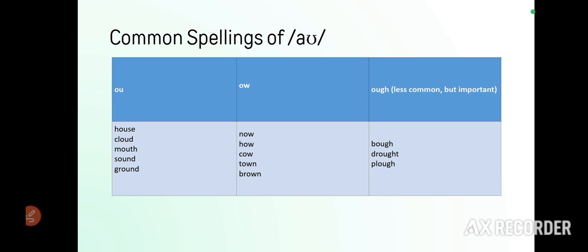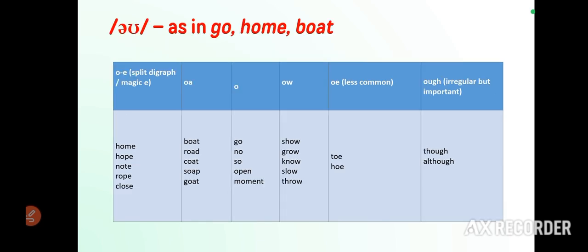When it's spelled like OW, it can be as in now, how, cow, town, brown. It can be spelled as OUGH, as in bough, brow, plow.